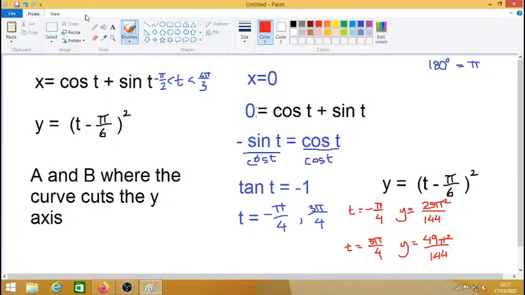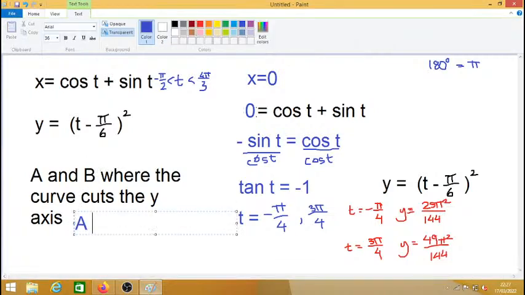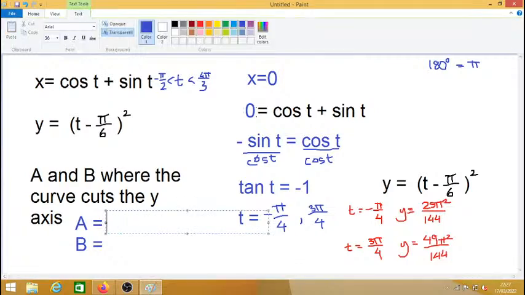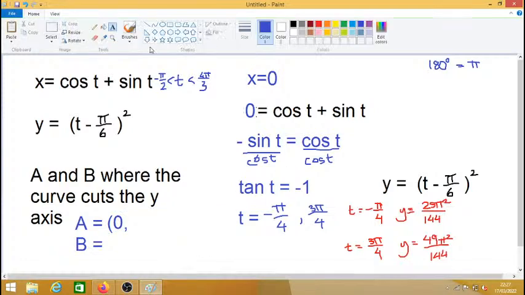Okay, and that means we have the coordinates of the 2 points we need. So A and B, we can say the first one A, the second one B. The first one A has an x coordinate of 0, because we know it's cutting the y-axis, and at the y-axis x is 0, and the y-coordinate we'll grab from here. It's 25 pi squared over 144.